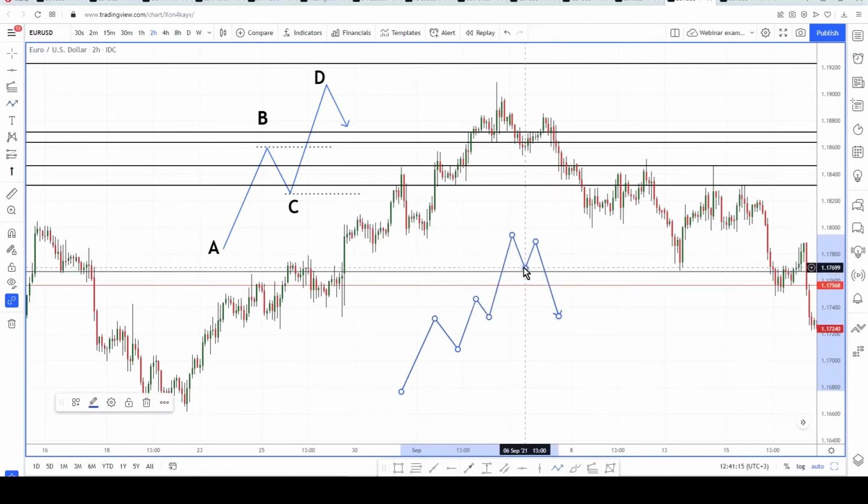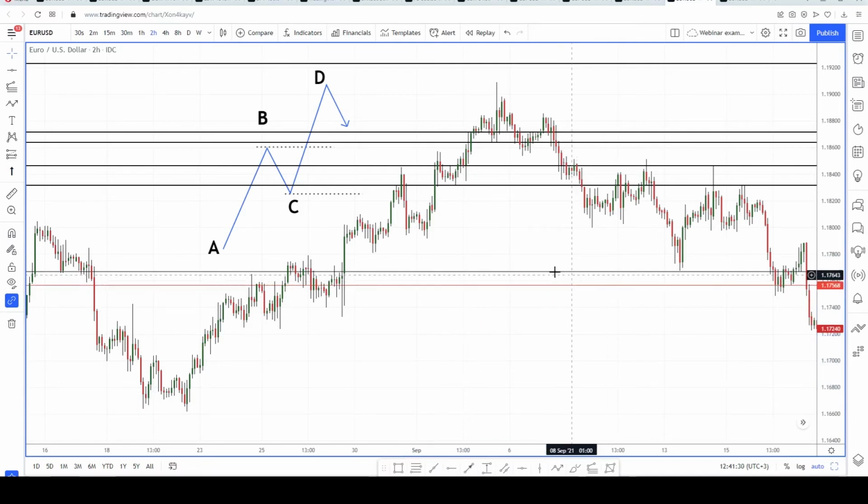This point is the point that reverses the market. And if you then get lower highs and lower lows, then you have a downtrend. But ABCD is more of just a formation where you have a trend in place and your target is met. So that's just to clarify the difference here.